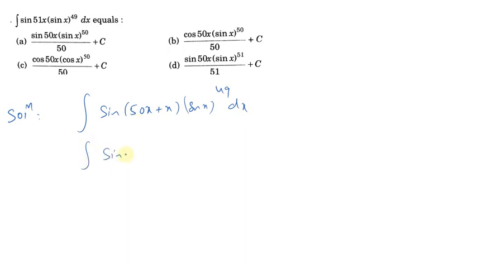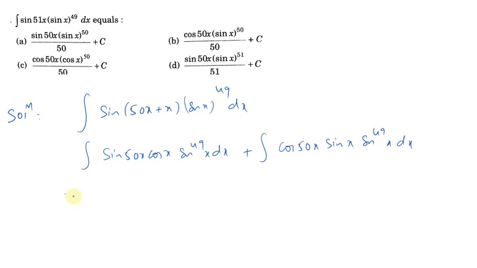You can write sine of a plus b as integration of sine 50x into cos x into sine power 49x dx, plus integration of cos 50x into sine x into sine power 49x dx.